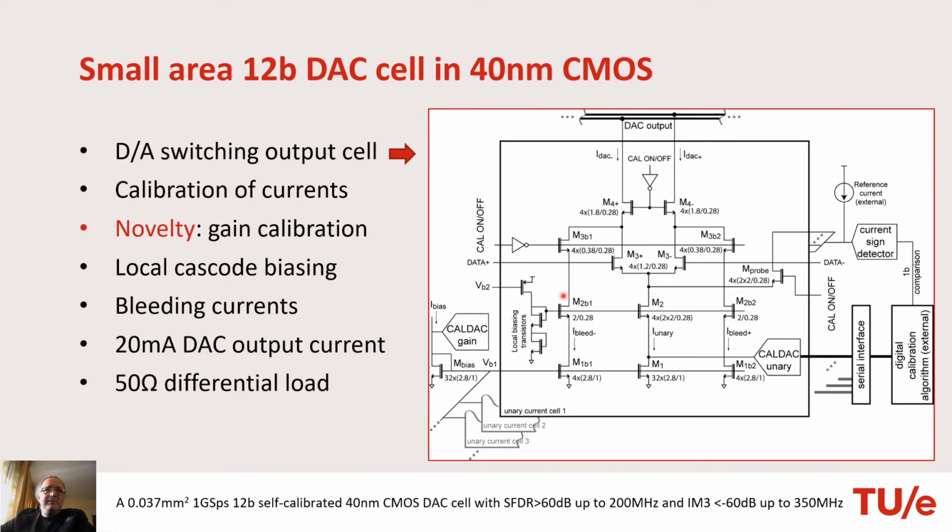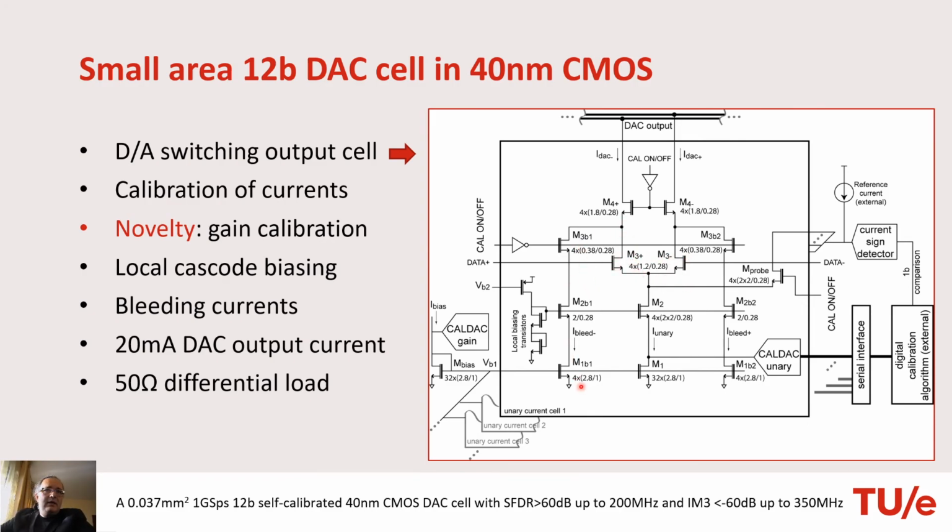Then we have these bleeding currents. The main purpose of the bleeding currents is to linearize the output cascodes, so that these output cascodes remain in saturation for different values of digital information, switching M3 plus and M3 minus.